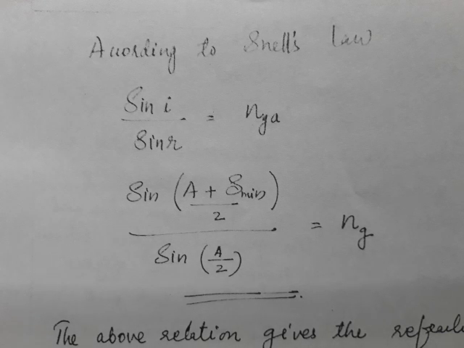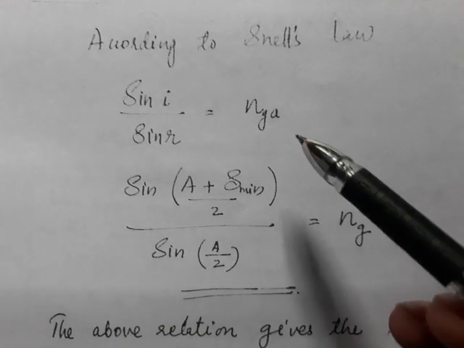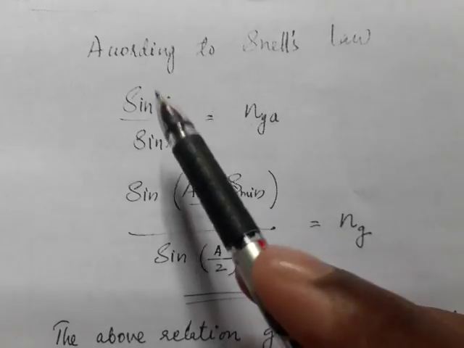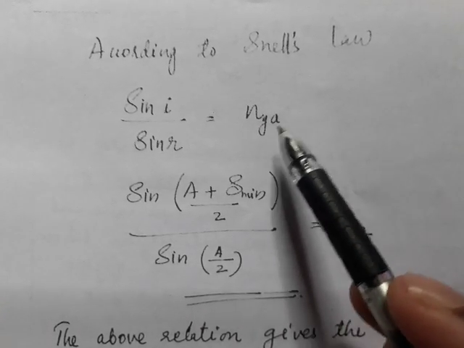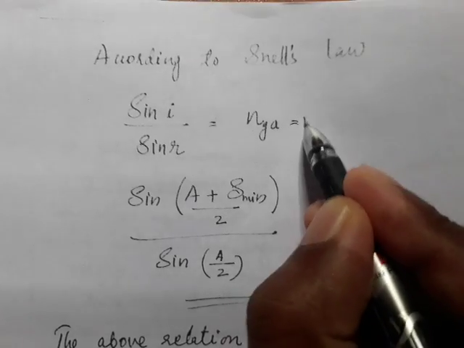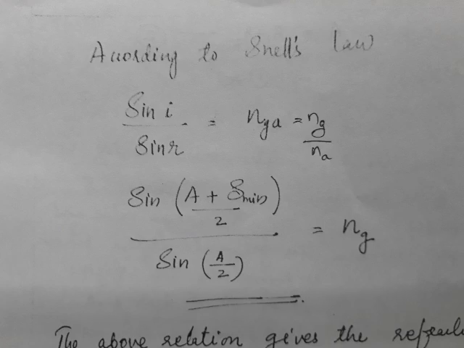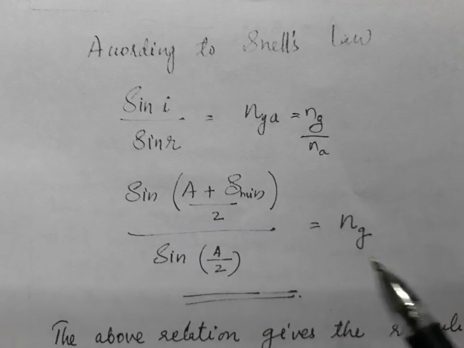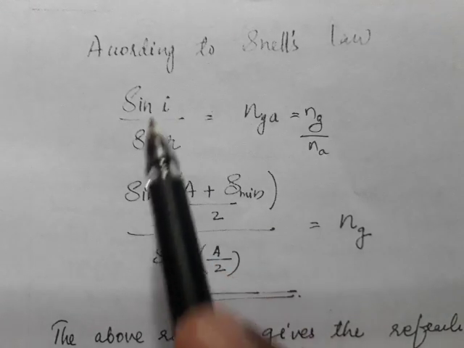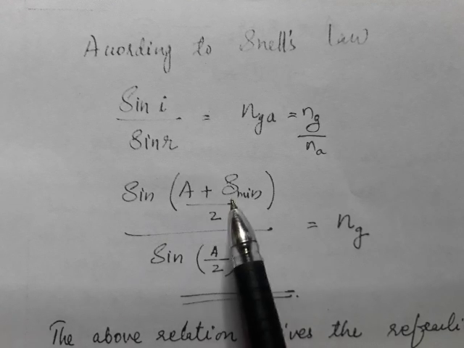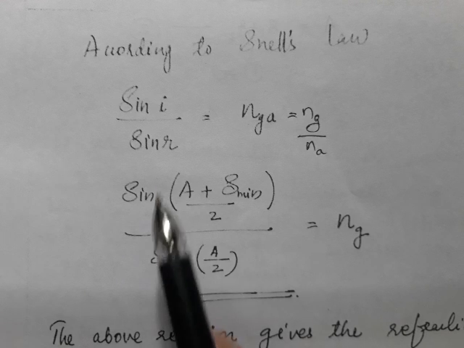Now let us apply Snell's law. Snell's law says sin I by sin R is equal to the refractive index of the second medium with respect to air. Here the second medium is glass, so the first medium is air. Sin I by sin R is equal to NGA. This is actually NG by NA, but we know NA is 1, so NG itself will come. Just now we got I is equal to A plus delta minimum by 2, and we got R also.